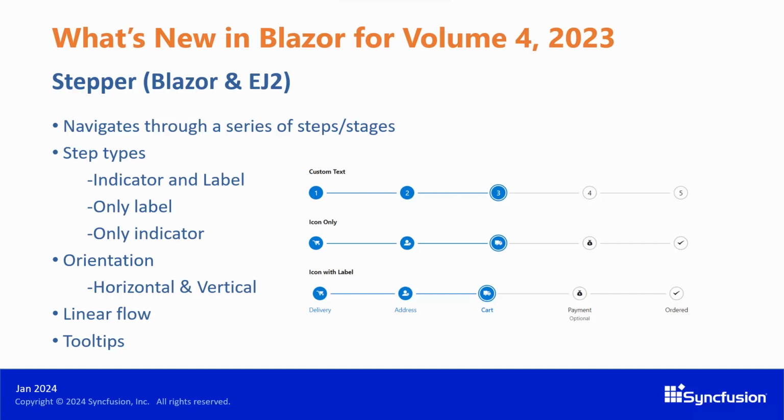The next feature is linear flow. It enables a step by step progression, completing one step before moving on to the next. It has tooltip support which shows additional information when you hover over a step. Just like other UI components, you can also customize the appearance and content of the stepper component using templates. Let me take you to the demo page of this.